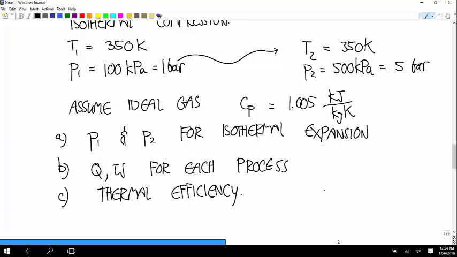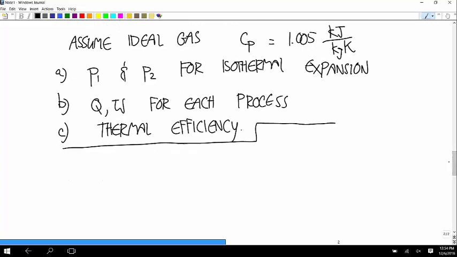Okay. Well, this is an ideal gas, and not only is it an ideal gas, it's an ideal gas where the specific heat Cp is more or less constant. So let's see, what did we get for ideal gases?